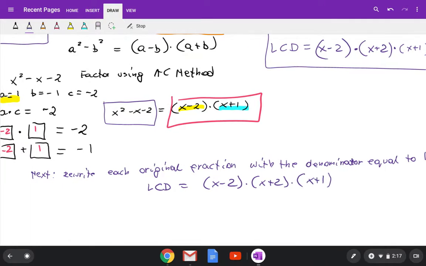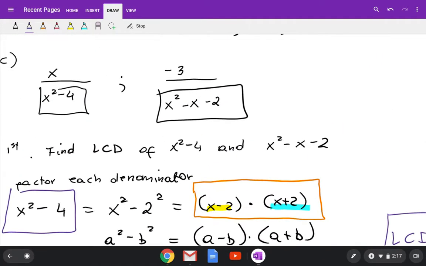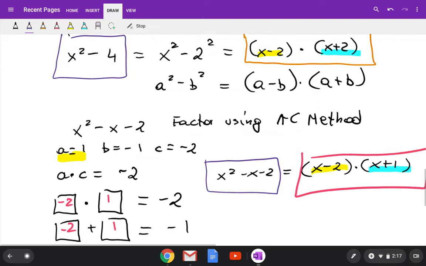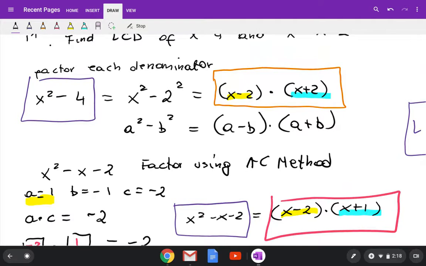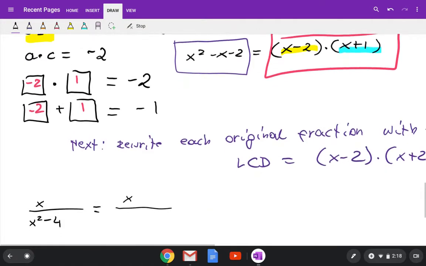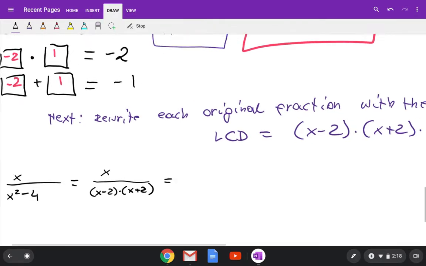So, okay, let's go back. We can do it. The first fraction is x divided by x squared minus 4. Don't forget that we already factored x squared minus 4. It is the same as x minus 2 times x plus 2. So you want to rewrite that denominator as a product of factors. Okay, so now we're building an equivalent fraction.